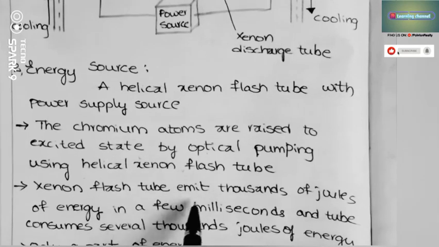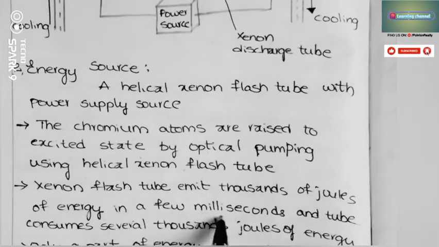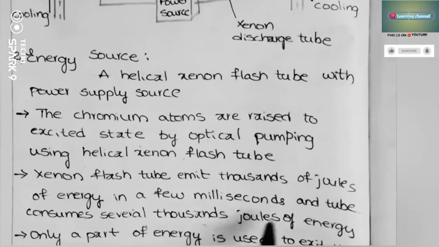The xenon flash tubes emit thousands of joules of energy in a few milliseconds, and the tube consumes several thousand joules of energy.